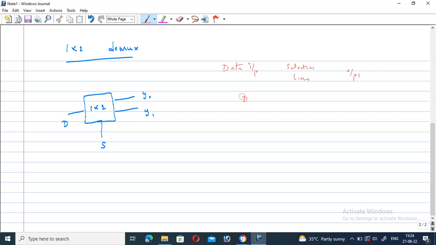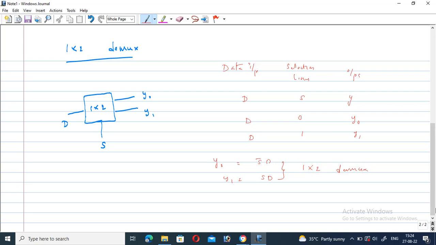Data input is D, the selection line is S, and the output is Y. When the selection line is 0, it can select only Y0. Therefore, y0 is equal to s bar into d, and y1 is equal to s into d. This is for the 1 by 2 Demux case.